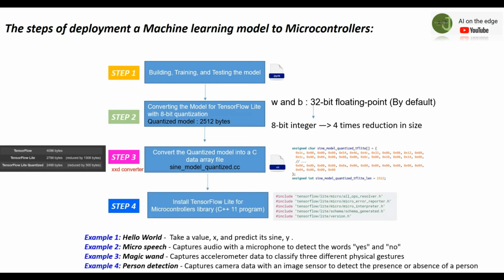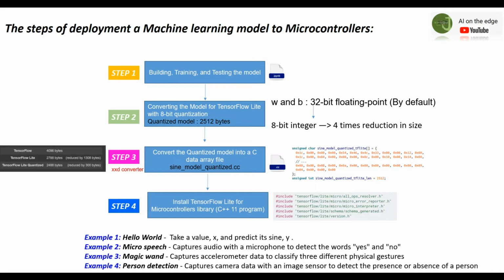In this series of videos, I will walk through 4 main examples. These examples are available once we download TensorFlow Lite. The first example would be hello world. Basically in this example, we take a value of x, and we can predict the value of sine, which would be y.